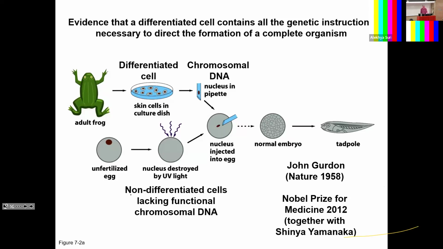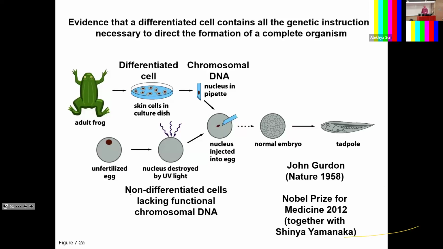So how to look at this? In this example, we have a frog. We can take skin cells, creating a cell culture. Skin cells are differentiated cells, unlike germline cells, which are at the beginning.